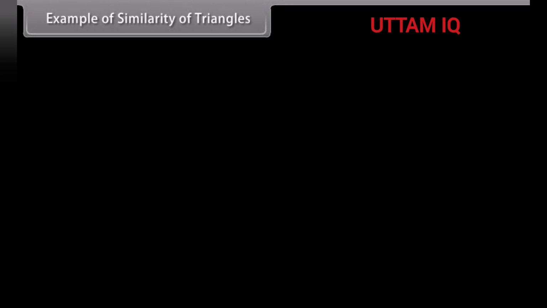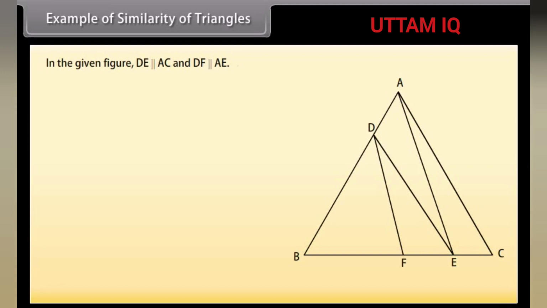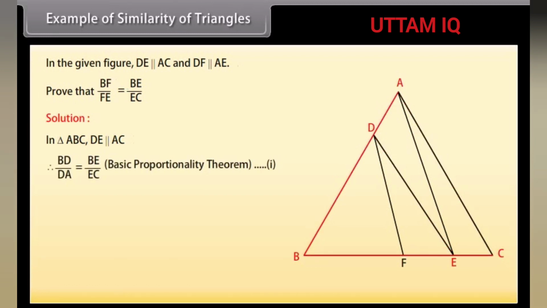Example of similarity of triangles. In the given figure, DE is parallel to AC and DF is parallel to AE. Prove that BF upon FE equals BE upon EC. Solution. In triangle ABC, DE is parallel to AC. Therefore, BD upon DA equals BE upon EC by the basic proportionality theorem.